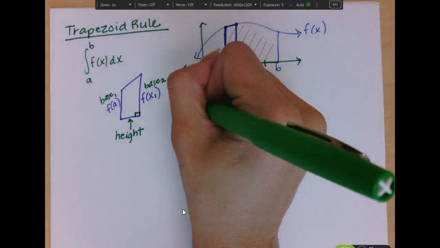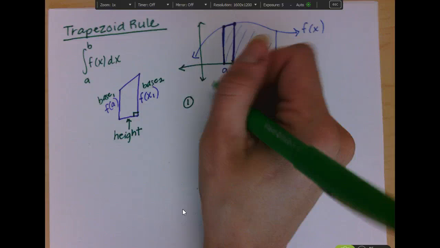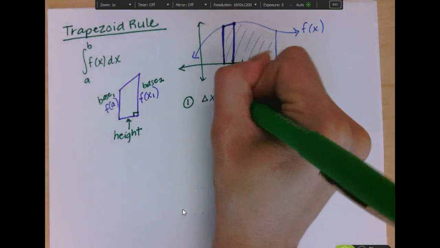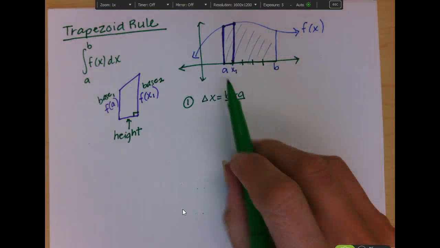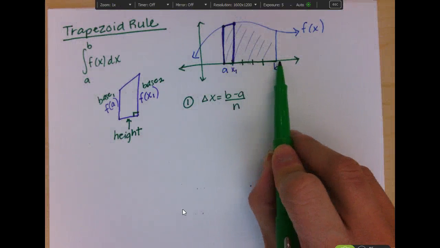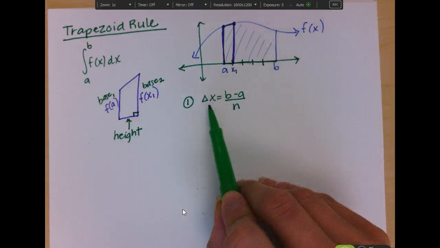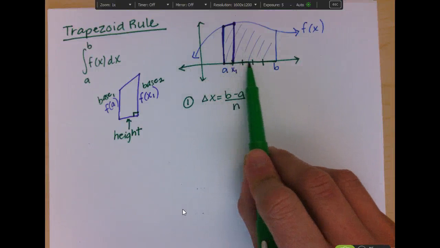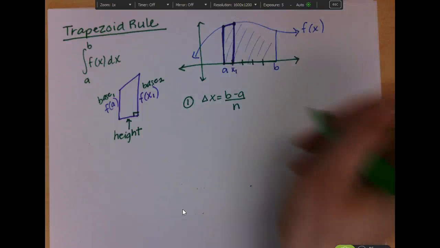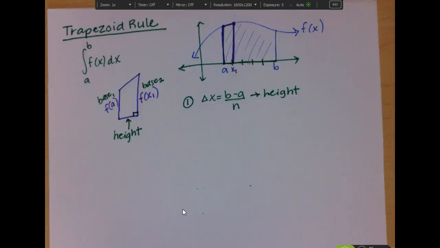So let me run through the steps the same way I did with the midpoint rule. If I'm doing a trapezoid rule, I still need to know what delta x is. If I'm taking my interval from a to b and dividing it up into n equally spaced subintervals, then I still need to know delta x, which is the length of each of those subintervals. Remember, that tells you the height of each of your trapezoids.